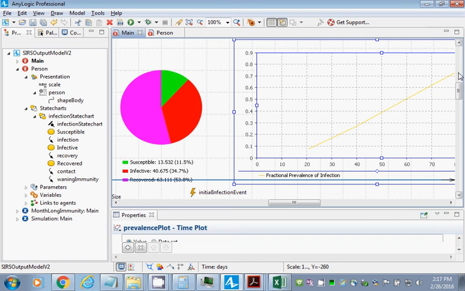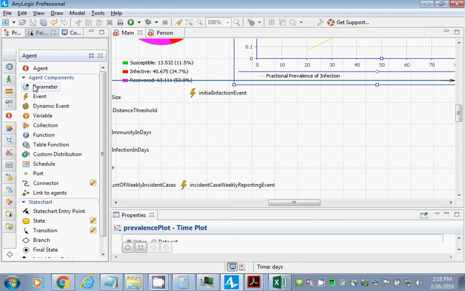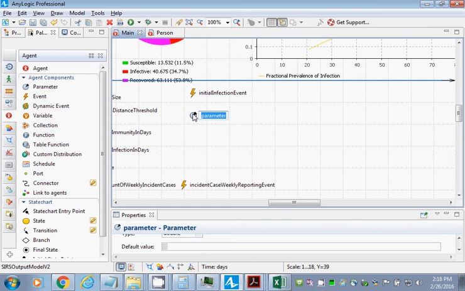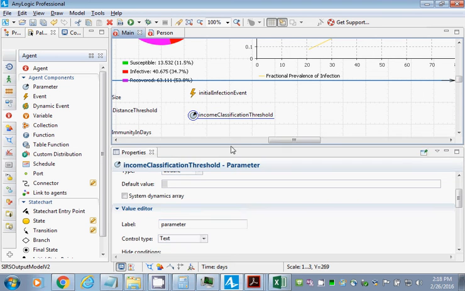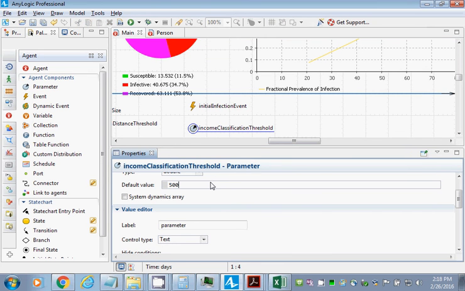Okay, and I'm going to create a model, or excuse me, create a parameter called income classification threshold. Okay, and the idea would be anyone below this income will be considered low income, low SES. Anyone above will be considered high income. Okay, and it's going to be 500. Excuse me, it's going to be 300. Okay.